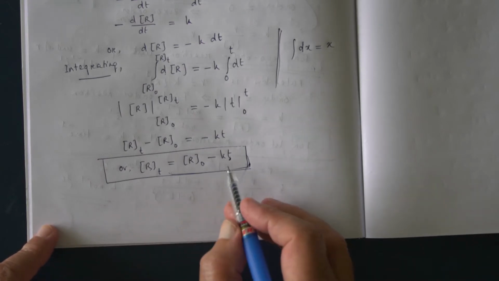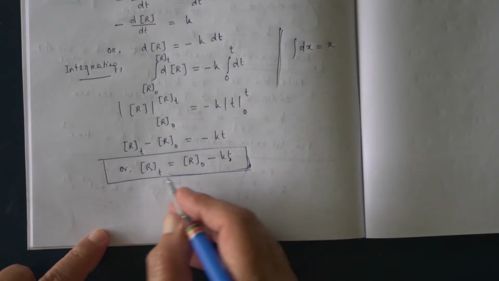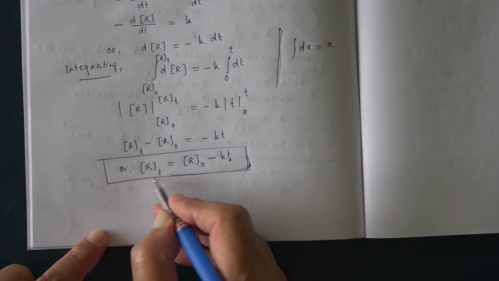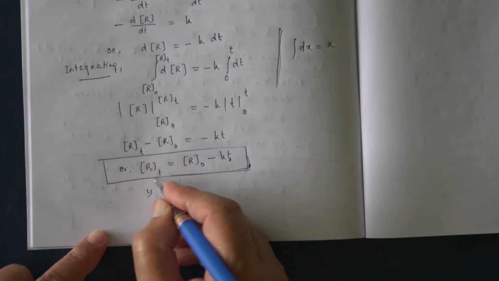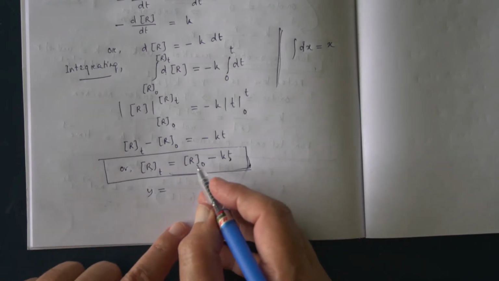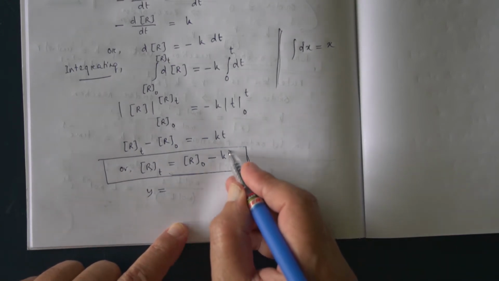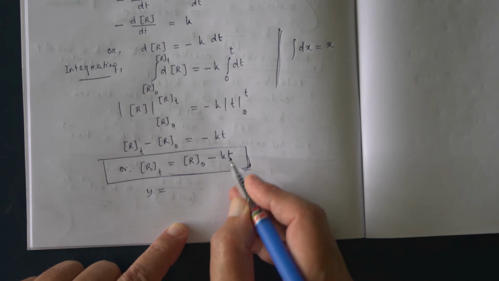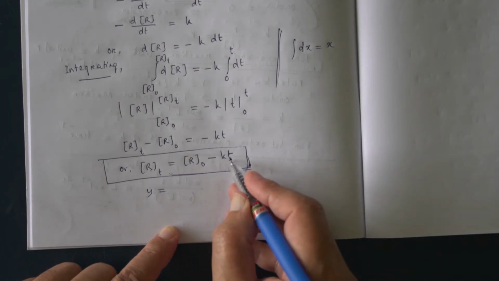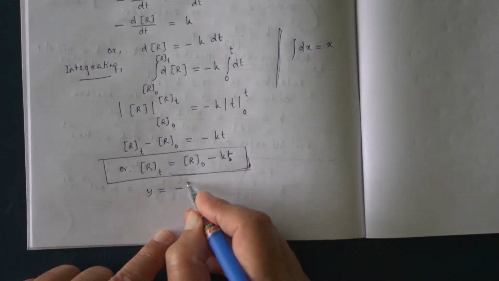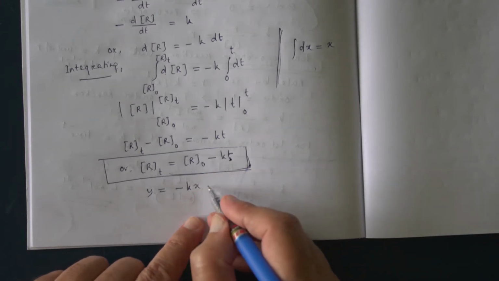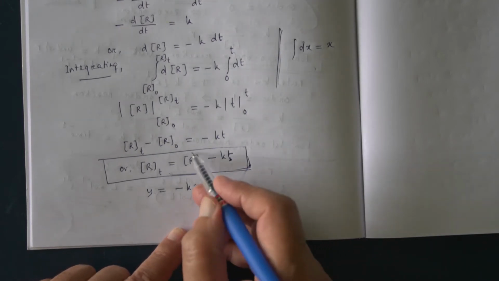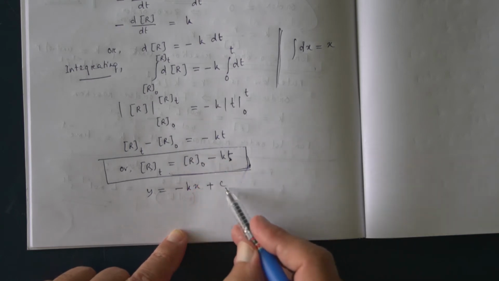Suppose this is y, and t means say x, so this is minus kx, and this is say c.